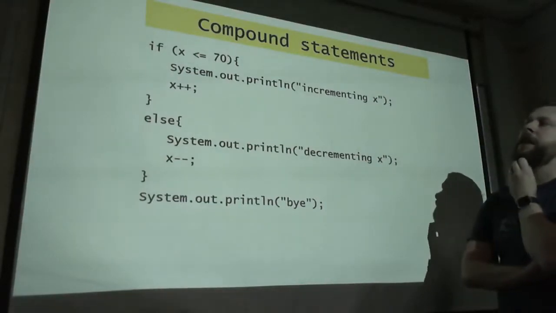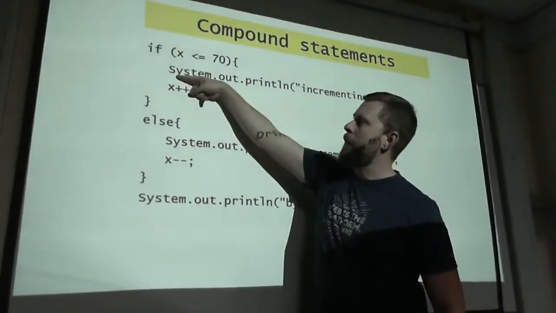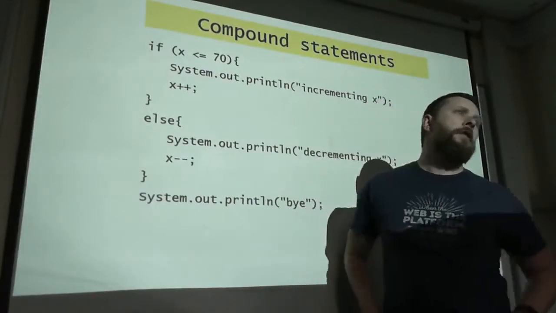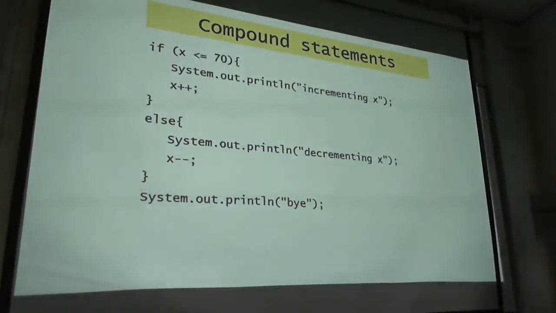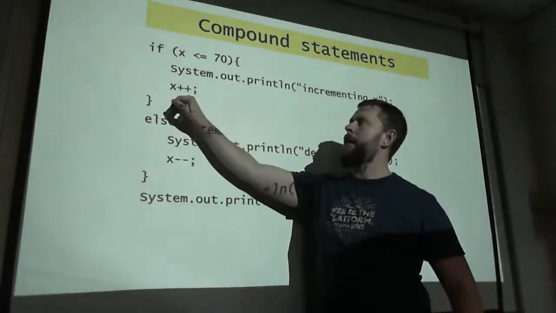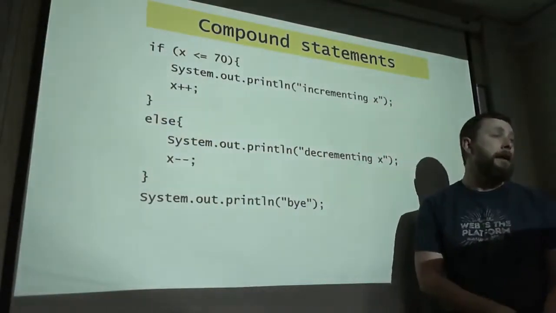So the bracket positioning here is important. If I move this bracket up to here, that would actually cause a compile error. Because you would get the if question, if x is less than or equal to 70, you'd open your bracket, you've got your printout statement, you close your bracket, and then it gets any command that is not an else or the next thing we'll look at, which is an else if.